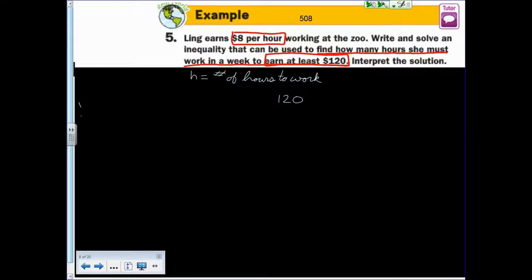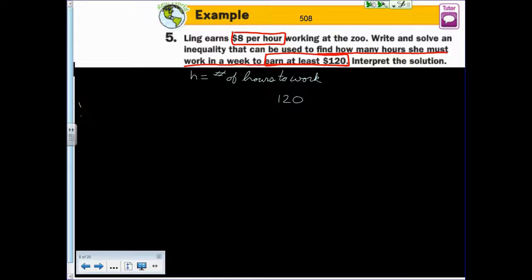If you were working, are you trying to get as little money as possible, or are you trying to get as much money as possible? Well, hopefully you're saying you're trying to get as much money as possible. So $120 would be good, but $140, that would be better. $200, that would be great. So think about it. This is the smallest amount of money that she wants to get.